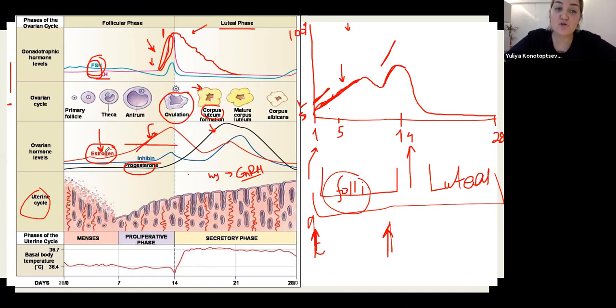And the function of estrogen is to proliferate the endometrium. It forces the endometrium of the uterus to grow because this hormone is preparing for the embryo. Do you see? We're growing the follicles. We're preparing for the embryo. We're hoping that after ovulation there's going to be spermatozoa so we can fertilize it, right?